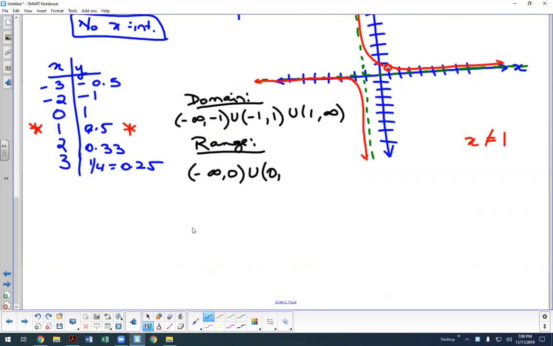So we go from 0 to 1/2, but I cannot include that 1/2, because that's where my point is skipping. And then I pick up right after the 1/2, and I go all the way to positive infinity. So this also breaks up into 3 parts because of the horizontal asymptote, and then not using that 0.5 on the y-axis. So that's where that 1/2 is coming from.